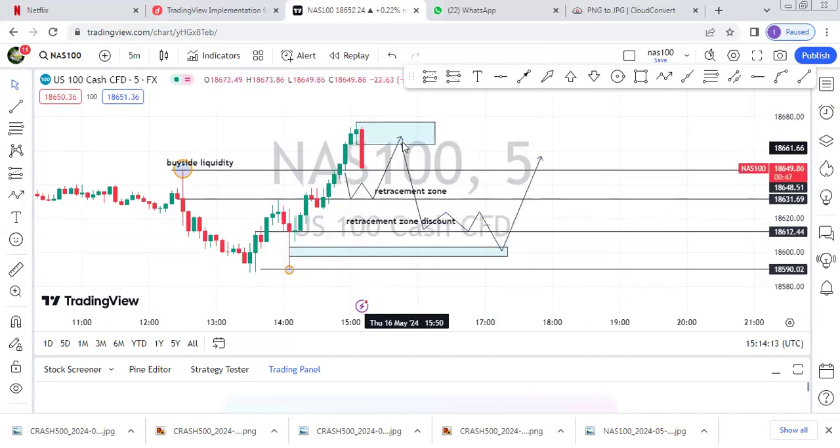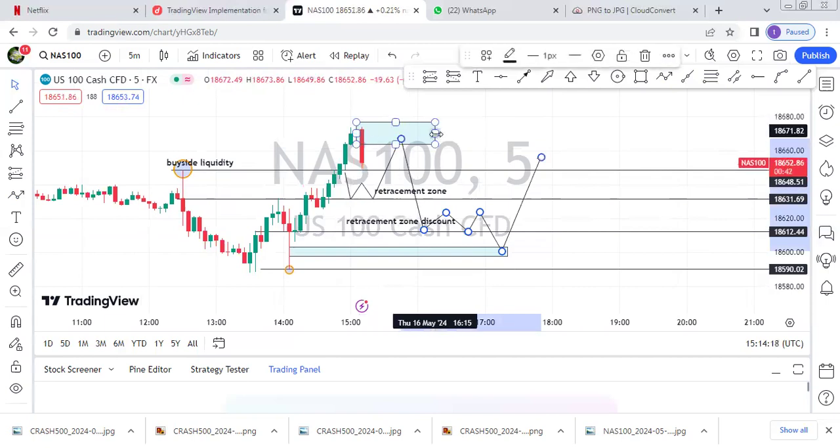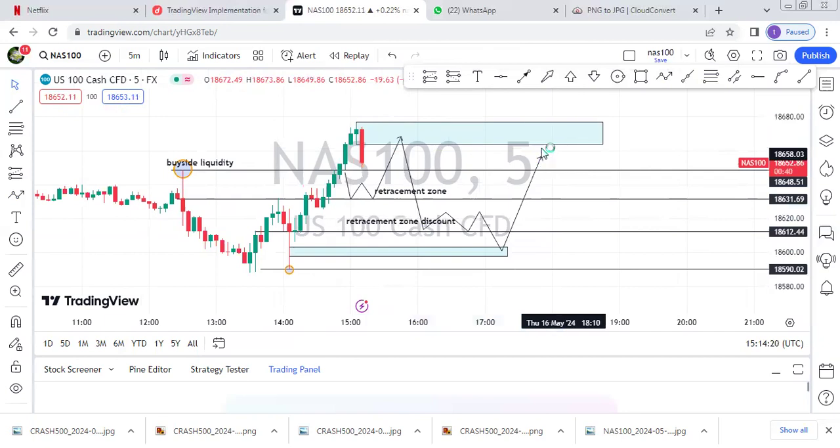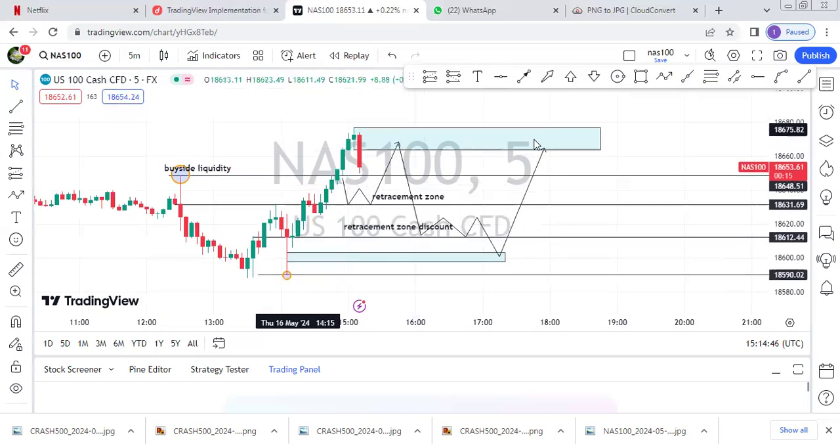Remember, this is our retracement zones, right? So then there's a point of interest right here. Okay, just continue watching. We have Nasdaq is going to be retracing from that zone. Just continue watching, guys. Let's see what's going to happen on that. This area here is a point of interest.